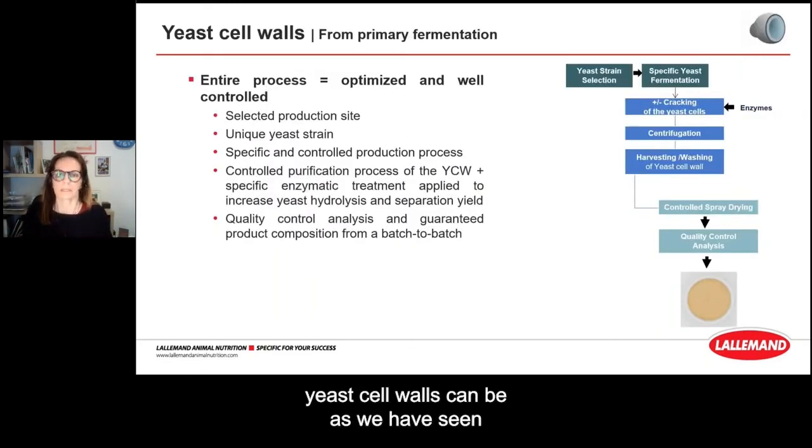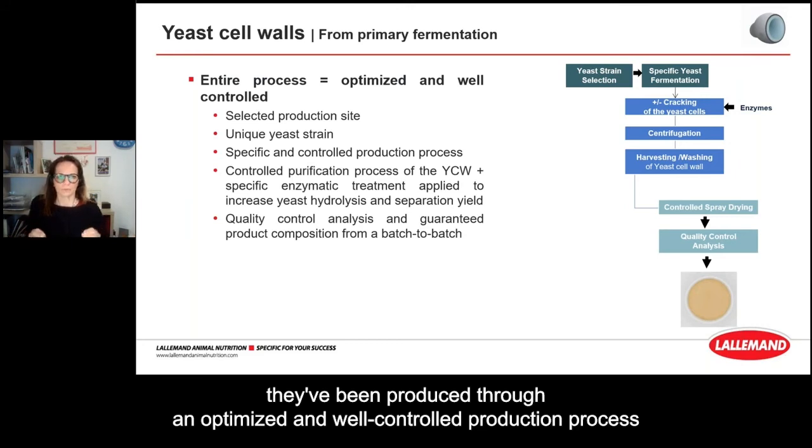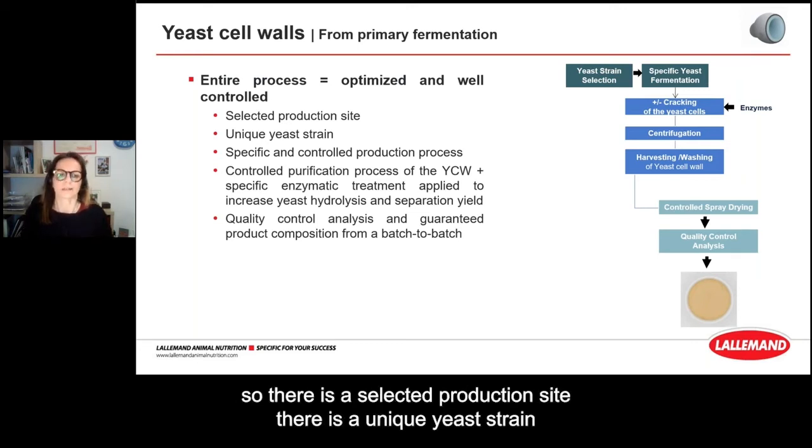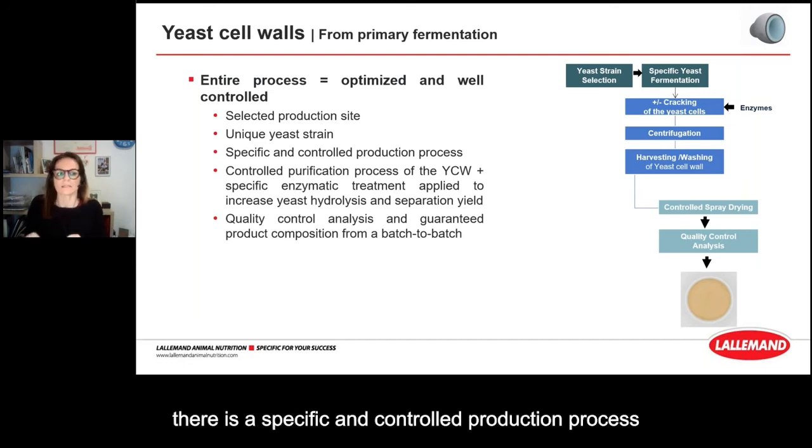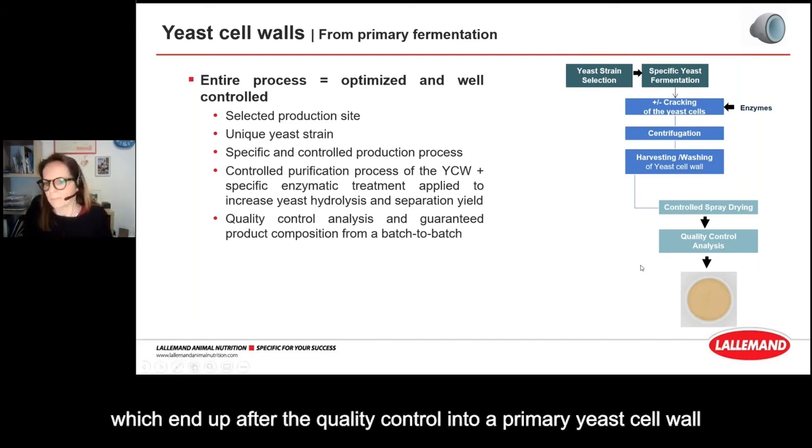Yeast cell walls can be, as we have seen, from primary fermentation, which means they have been produced through an optimized and well-controlled production process. So there is a selected production site, there is a unique yeast strain, there is a specific and controlled production process, which ends up, after the quality control, into a primary yeast cell wall.